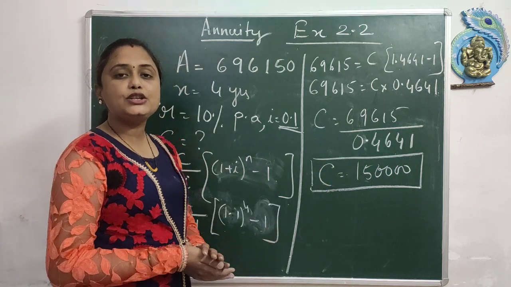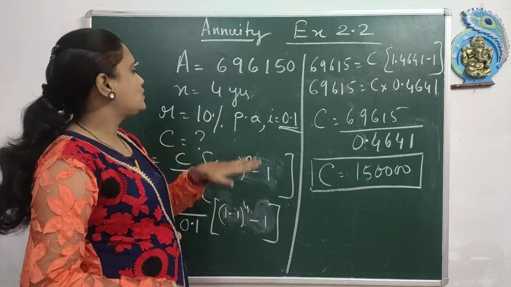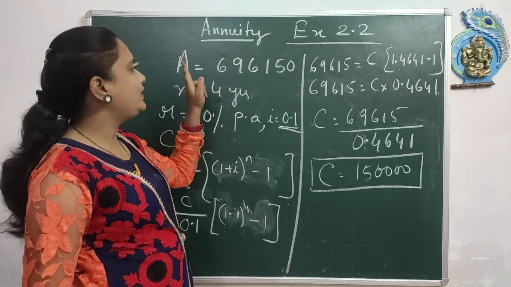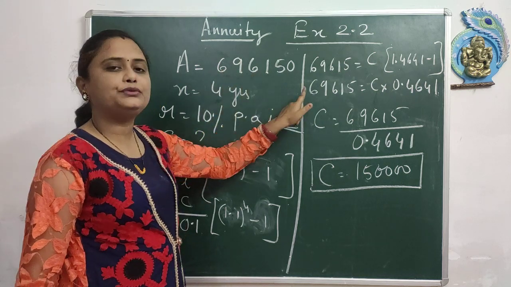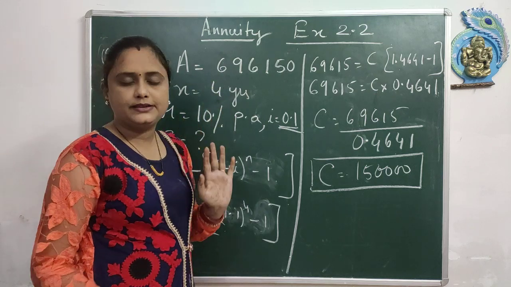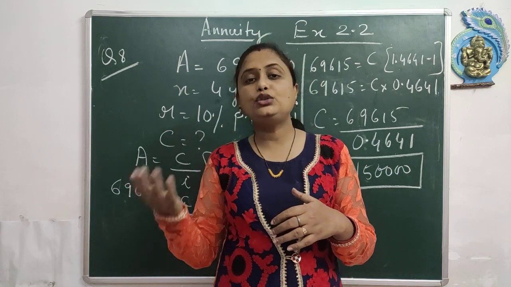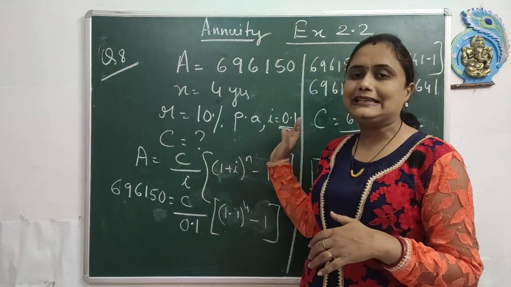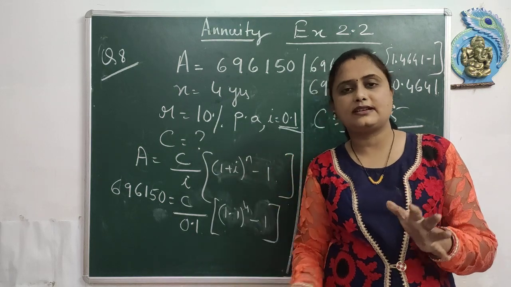That means he should invest 1,50,000 every year. So after 4 years, the value he wants, that is 6,96,150, according to the rate, 10%. Okay, so this is what you have to find. This is how you have to find C, that is cash flow, annuity value, कितना वो हर बार invest करे.